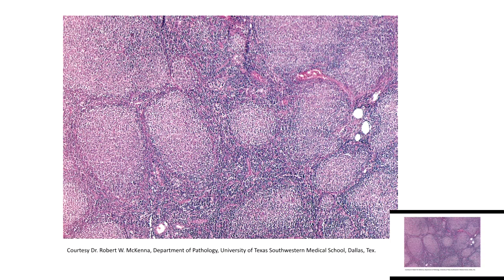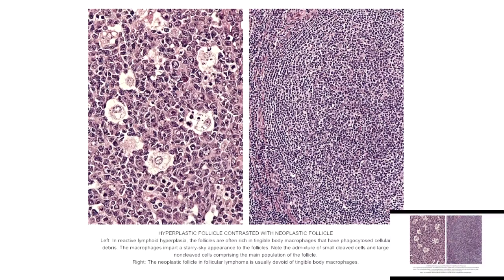If we think back to a normal, or not necessarily normal, but a reactive lymph node, then what stands out is that there's something missing in these follicles. There are a lot of follicles, no doubt, but there's something missing. What is missing? These cells. What are these cells? These are macrophages.